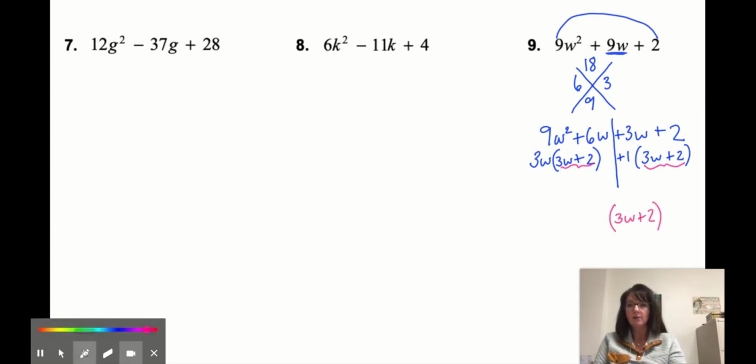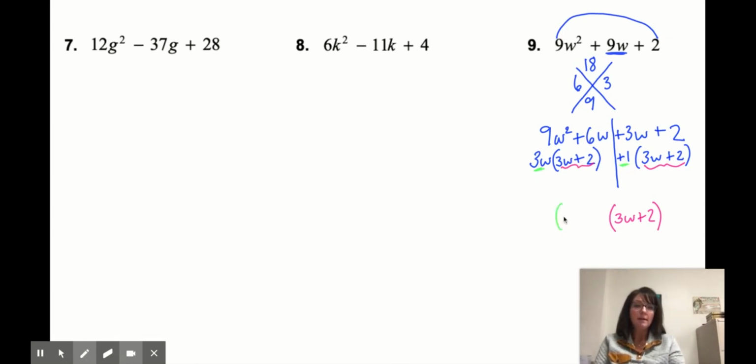Our other factor is going to come from, let's do a pretty green color, right here, we have this 3w and this plus 1. And if you can recall from lesson 7.2, when we started first, we did a double distributive. We took the first term times the second binomial, and then we took the second term times the same binomial.